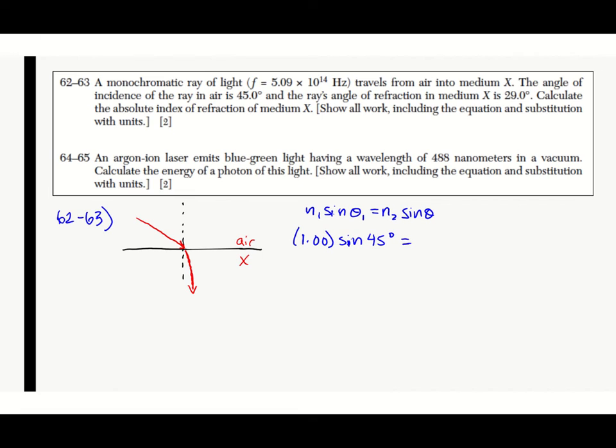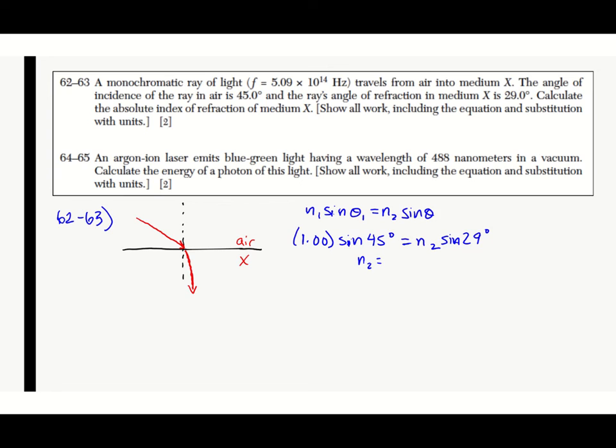And then we're looking for the N value of X, that's our unknown variable, and then sine of 29 degrees. And you should get your N value to equal 1.46, and this should make sense. Air is our lowest N value. If you get something that's lower than 1.0, then you did something wrong here.